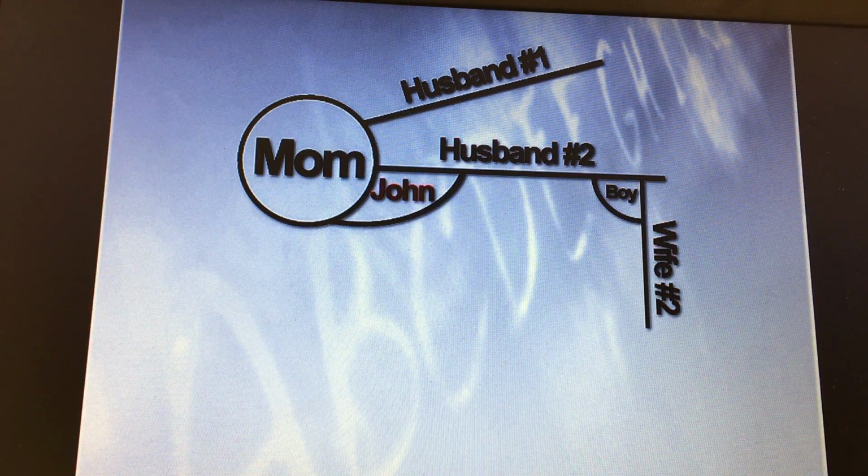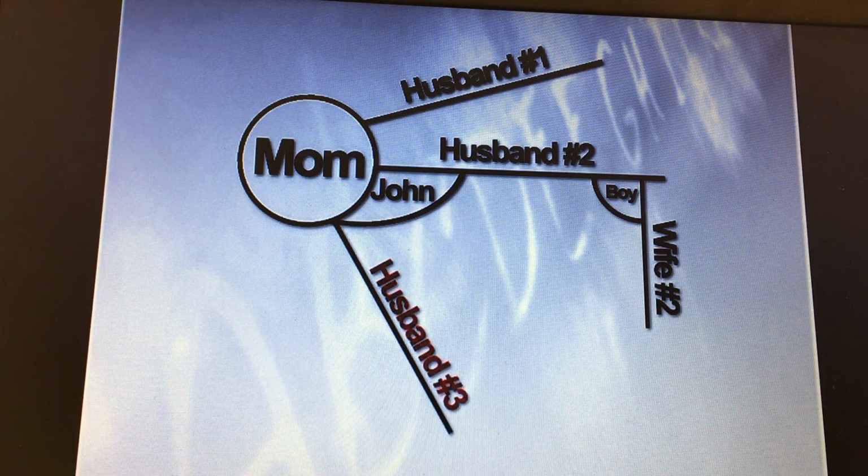Now, if you think of John as a half circle between husband number 2 and mom, do you think of the child between husband number 2 and his second wife as a half circle? At this point in time, John has 1 sibling. It's a half sibling. They share the same father. If you will draw a third line, that's husband number 3. Now, this was a common law relationship. They lived together for 8 years.